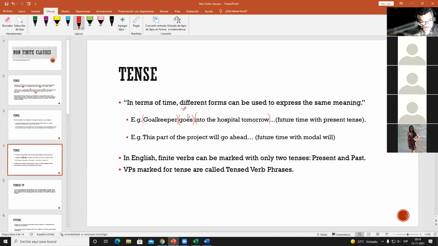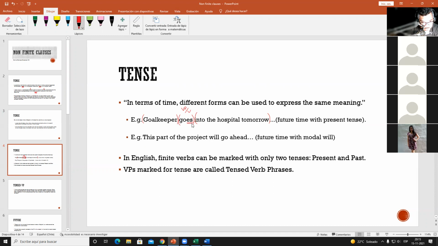You can see goes is a verb phrase, right? It's acting as the verb. And this verb phrase has a verb with a Z2, right? Which means present simple, right? But the question is: is this sentence about the present or about the future?